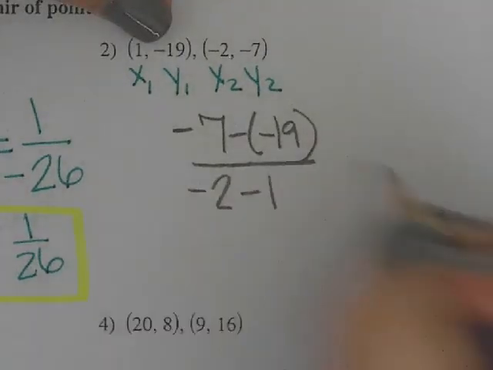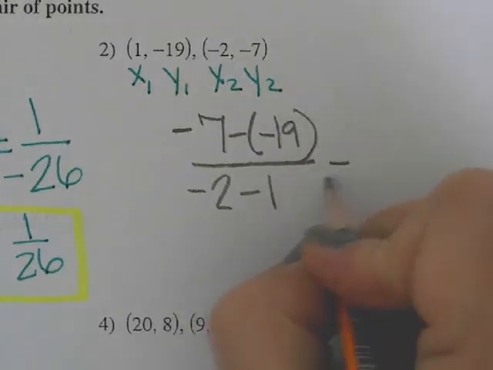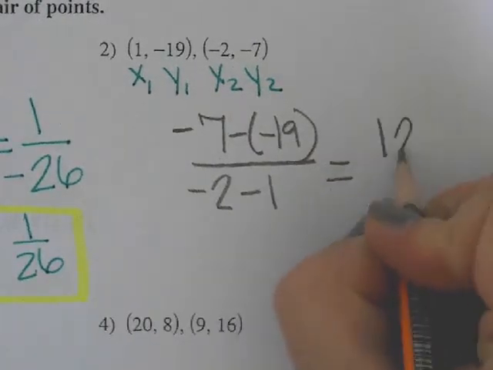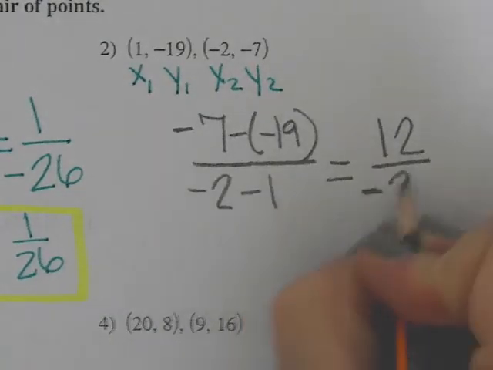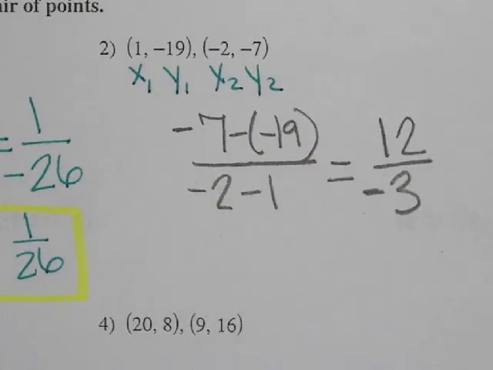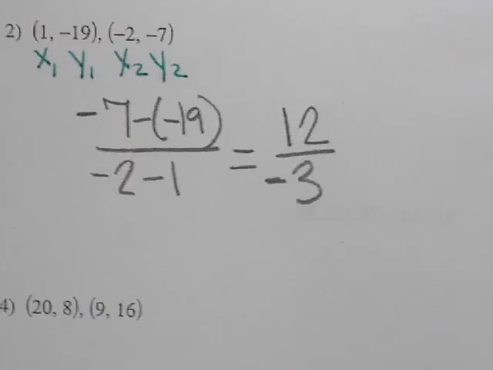I'm going to do my basic calculations. Negative 7 minus negative 19 is positive 12. Negative 2 minus 1 is negative 3. I can simplify this because both of those numbers are divisible by 3.